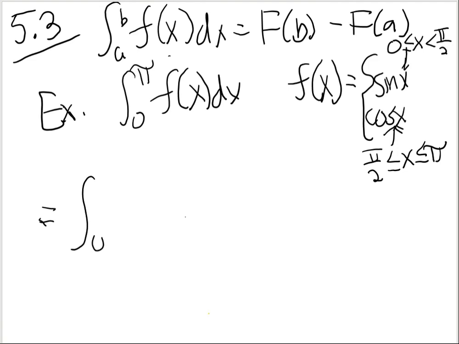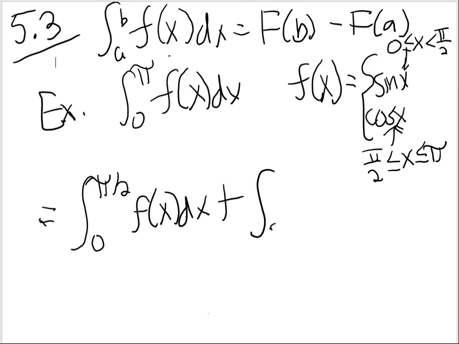I can split this up into the integral from 0 to pi over 2 of f of x dx plus the integral from pi over 2 to pi of f of x dx. Why can I do that?